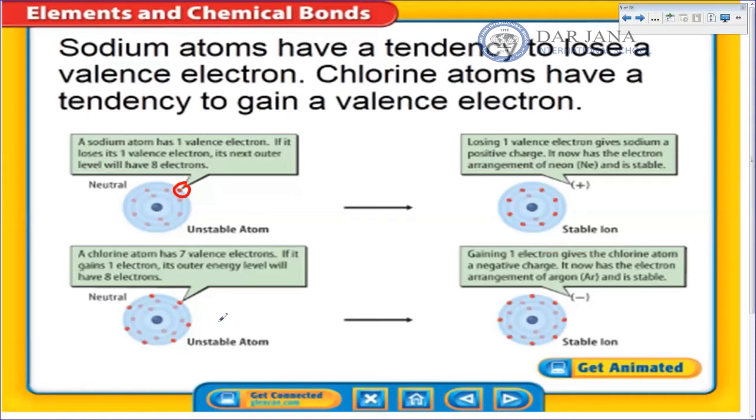Now, the chlorine atom will gain one more electron to become stable because for an atom to be stable, it must have 8 valence electrons on its highest level. So, chlorine will gain one more electron and it becomes a negative ion with a charge of -1 because it gains one electron.